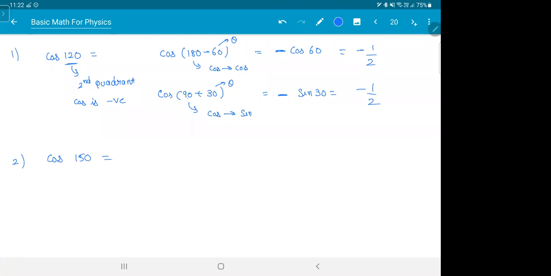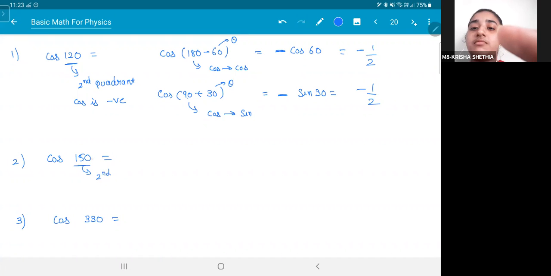Cos 150. Everyone, give it a try. I'll give you 30 seconds. Then I'll show you. 150, which quadrant?